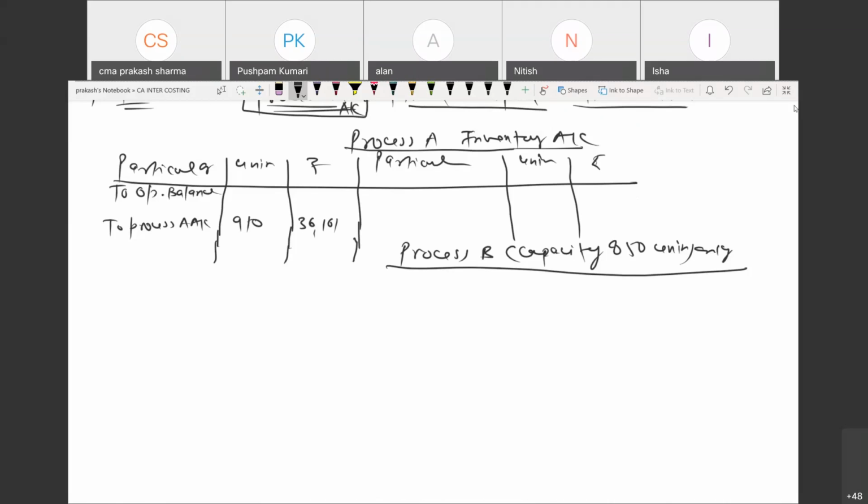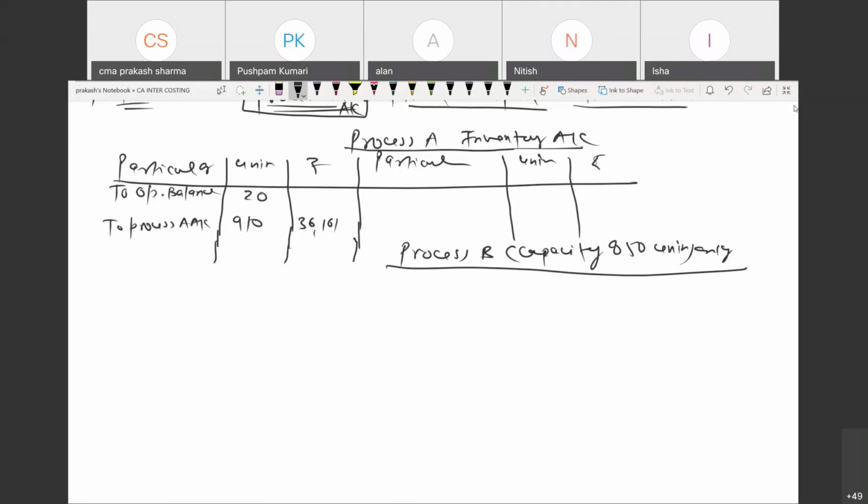In the previous month or previous year also, some units were completed in process A that were not transferred to process B at that time. So we already have an opening stock of 20 units.